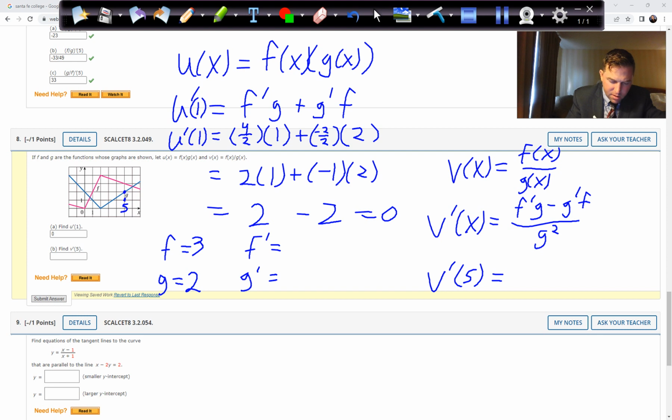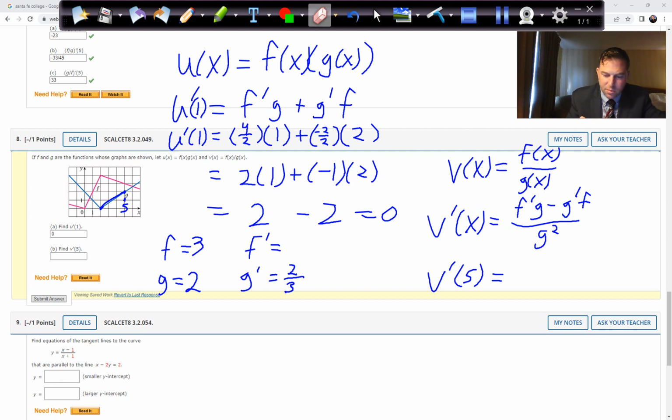G prime, going back to the last point where it crosses, is right here. And then the next place it crosses is right at that dot. So let's find the slope between these two dots. Well, it rises by 2. This is G prime. It rises by 2, and it runs by 1, 2, 3. So that's 2/3.